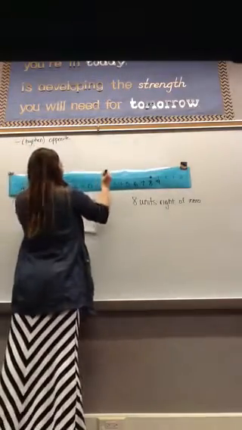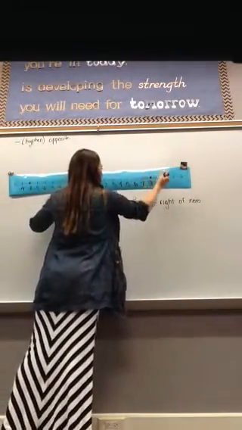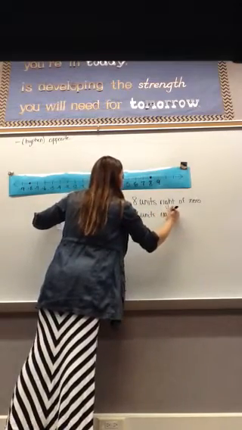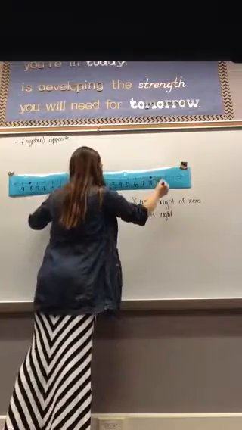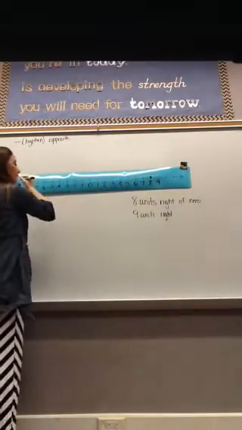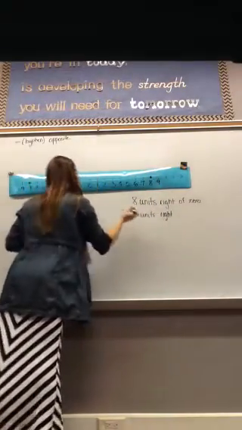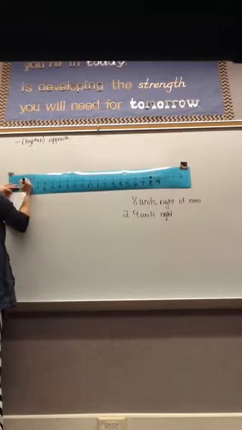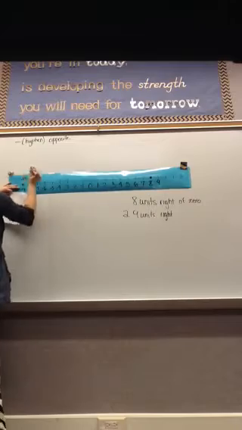A is 9. 9 is 1, 2, 3, 4, 5, 6, 7, 8, 9 units to the right of 0. So the opposite of 9 is going to be 9 units to the left of 0. 1, 2, 3, 4, 5, 6, 7, 8, 9. So this will be negative A.